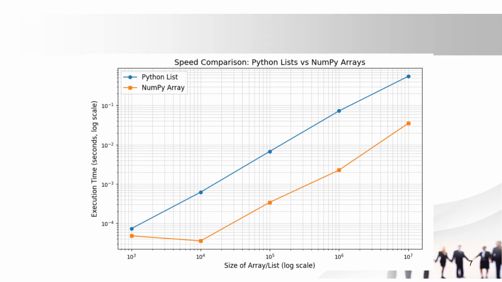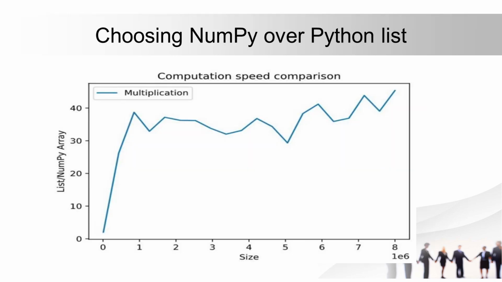When the graph is plotted, it is found that the Numpy array, shown in orange color, works faster when compared to the Python list. In the computation speed comparison, Numpy works exponentially faster than the Python list.